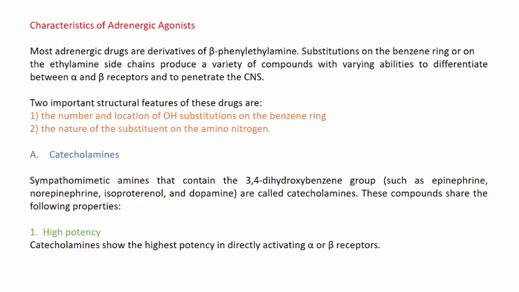So they show the highest potency in directly activating alpha or beta receptors. يعني هذه الcatecholamines هي كلها share these properties. First one is the high potency, so they show a high potency in direct activation alpha or beta receptor.